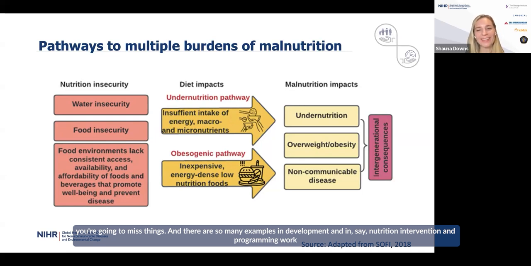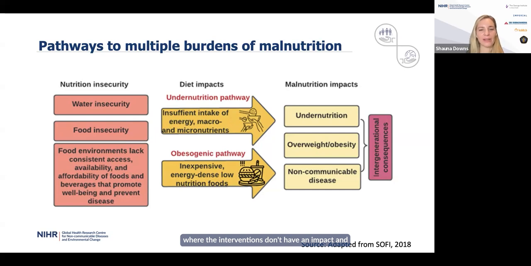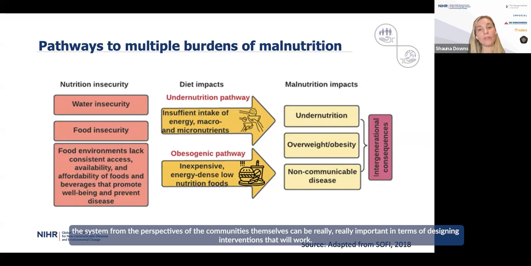There are so many examples in development and in nutrition intervention and programming work where the interventions don't have an impact. A main part of it is because it's not responsive to the needs of the community. So understanding the system from the perspectives of the communities themselves can be really important in terms of designing interventions that will work.